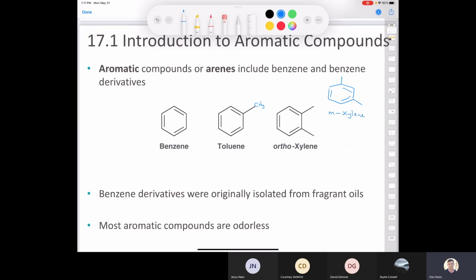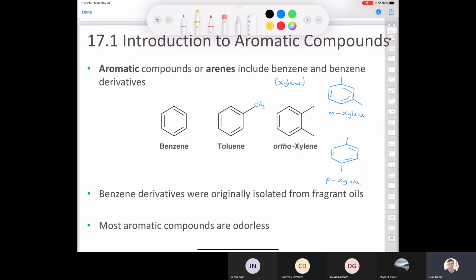And you can guess where I'm going with this. If they're 1,4 substituted, you probably guessed, I'll try to be consistent here, then we call that paraxylene. So orthoxylene, metaxylene, and paraxylene. Sometimes you just get a bottle that has all 3 of these mixed together, and they just call it xylenes, because they all have similar boiling points.